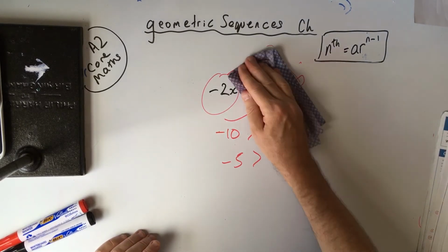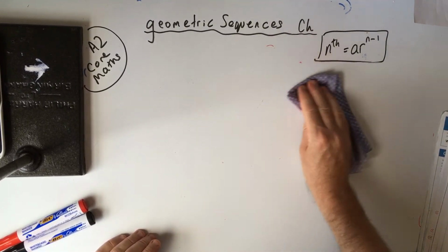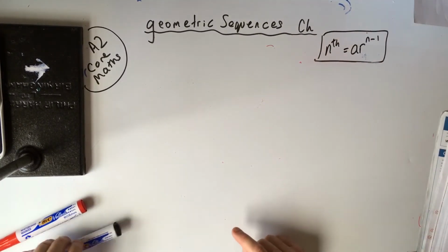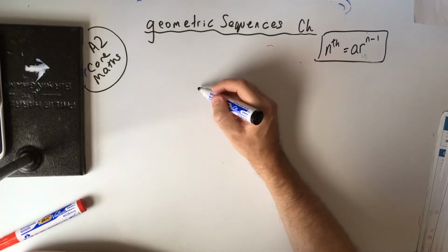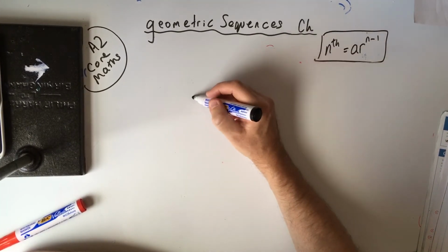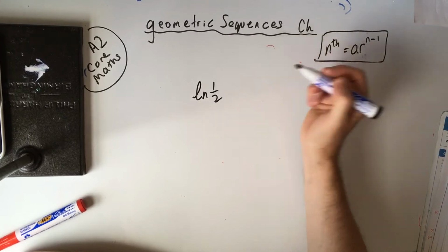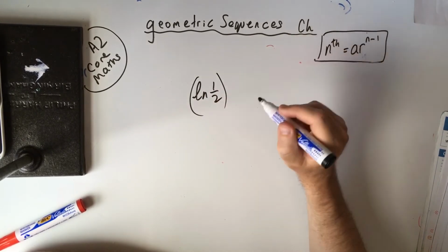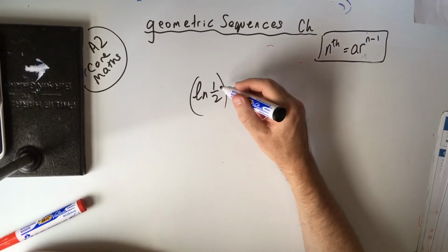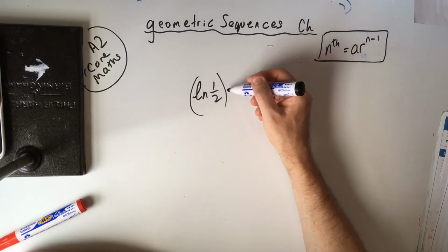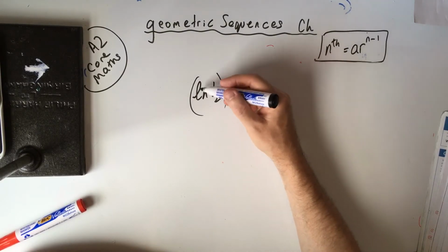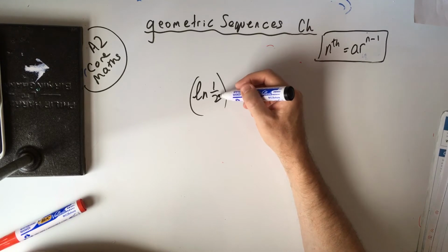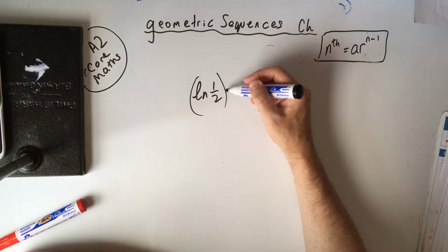But you've got to be careful when you're doing the maths for this, because they contain logs. If you had an inequality where you had something like ln of a half, what you may not realise is that the ln of anything between 0 and 1, the log of a fraction, is negative, okay?